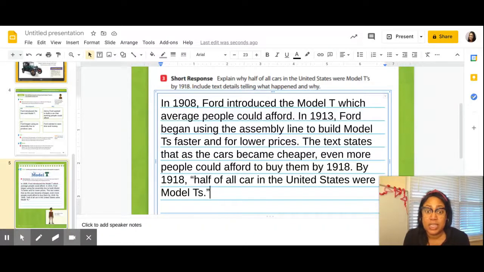But you need to understand that what happened was Henry Ford created the Model T so that working Americans could afford it. And he also created the assembly line so that he could produce the cars faster and save money. What can that help us with when it comes to understanding life and the world around us?